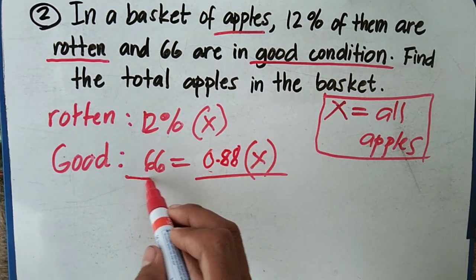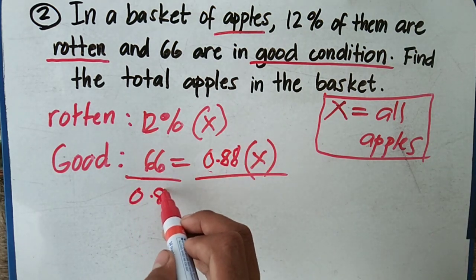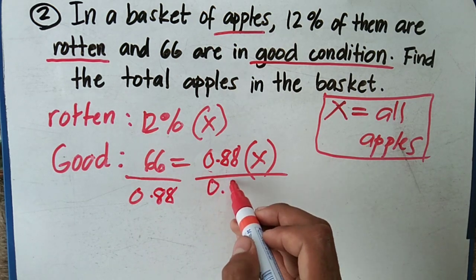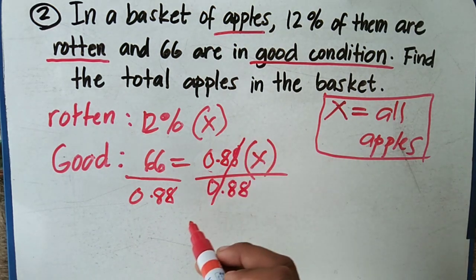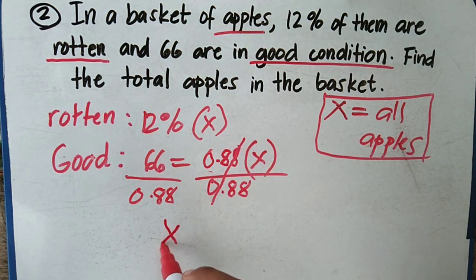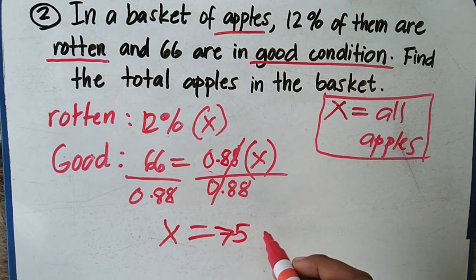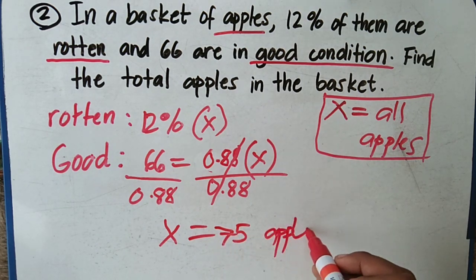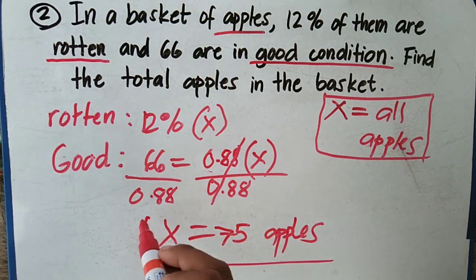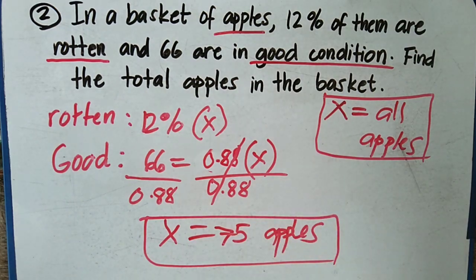And now, pwede na natin i-divide both side by 0.88. Maka-cancel to. We have X is equal to 75 apples. And that is the final answer.